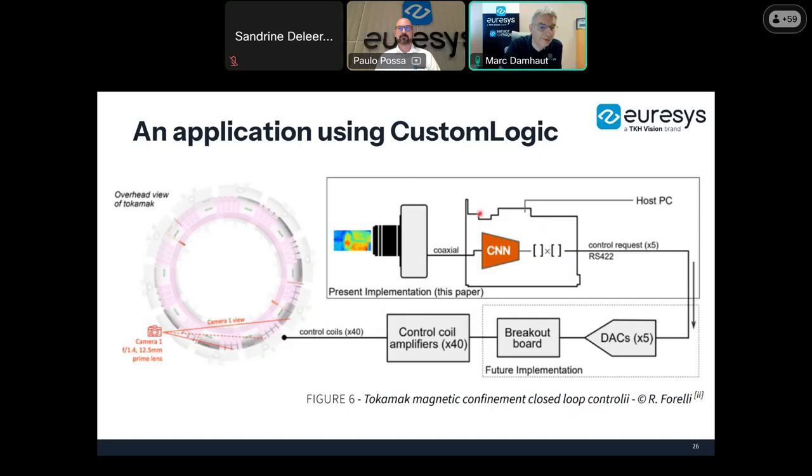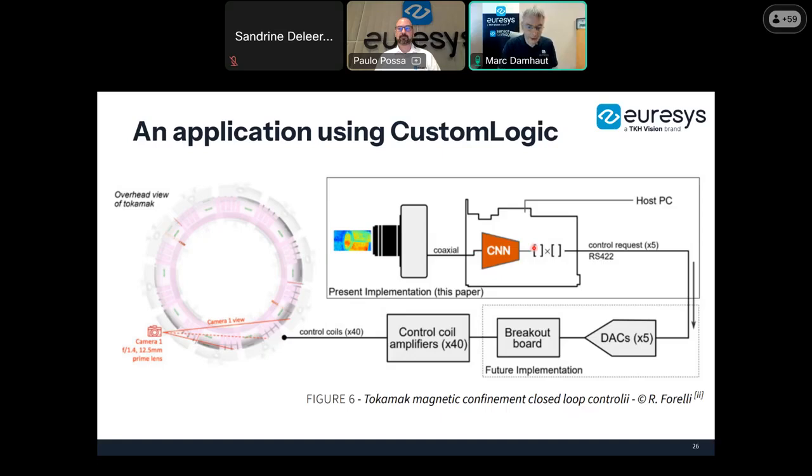The schematic of the card is here in the middle. The camera is on the left. It delivers images to the frame grabber. Inside the FPGA, they have programmed image analysis. In this case, it even involves some convolutional neural network, so deep learning, and processing of the results, including transfer of the results.